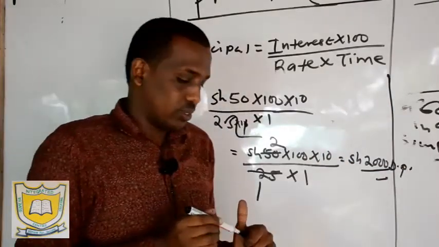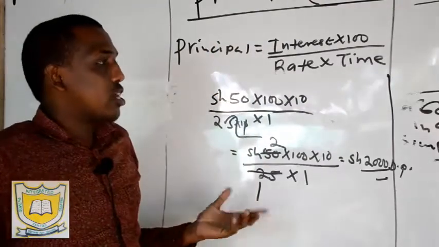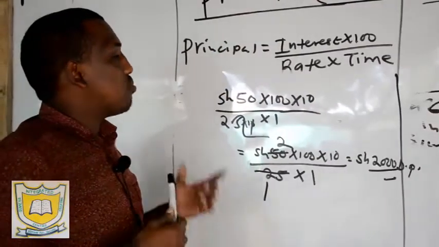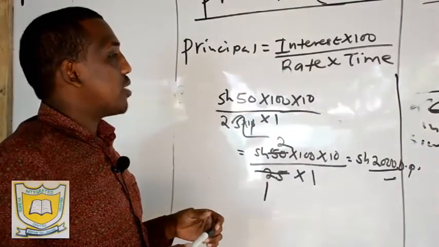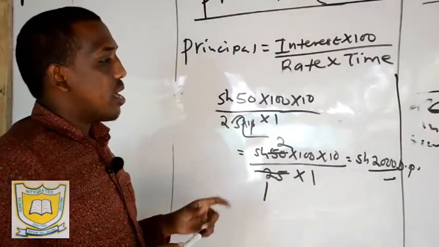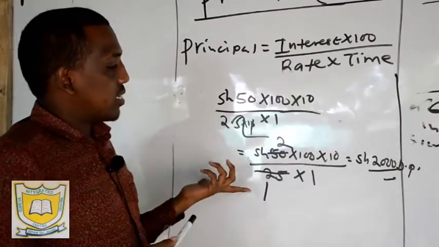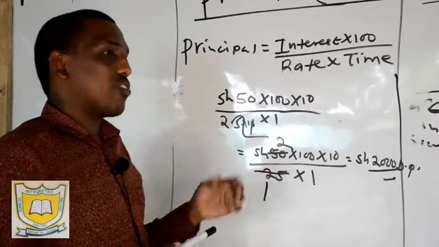Very simple. It is just a matter of following the formula. You are told Abdi deposited some money in a bank at a simple interest rate of 2.5%, time 1 year, and the interest he collected was shillings 50. Find the deposit.